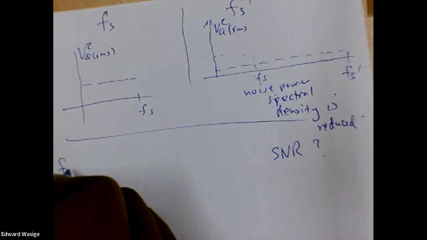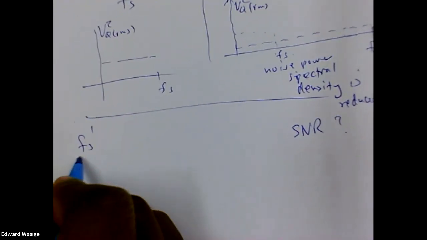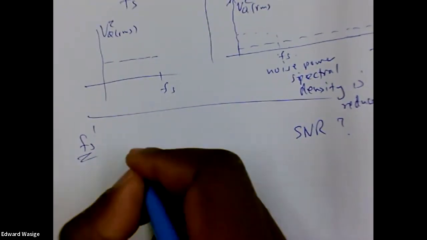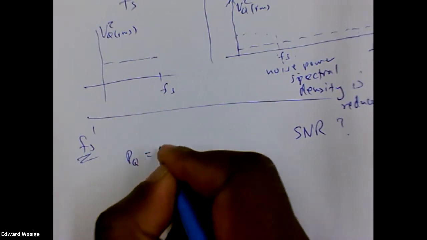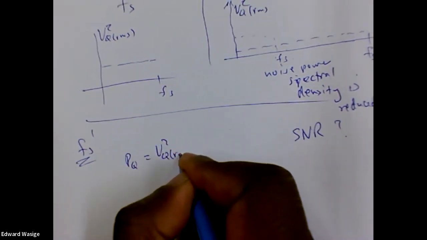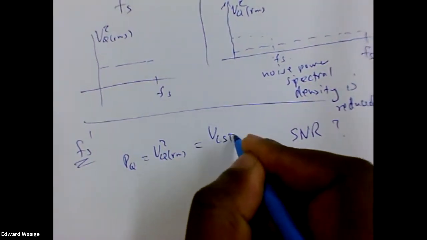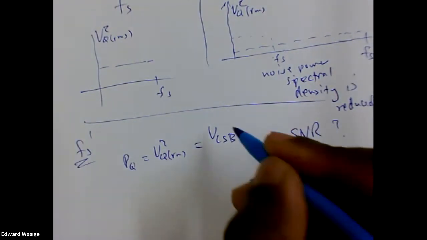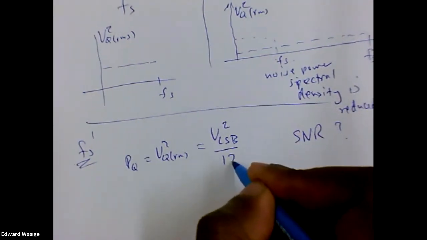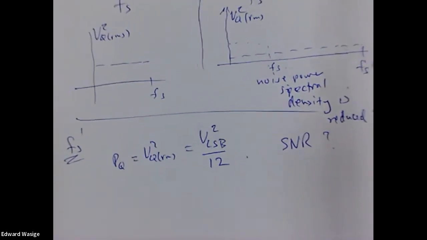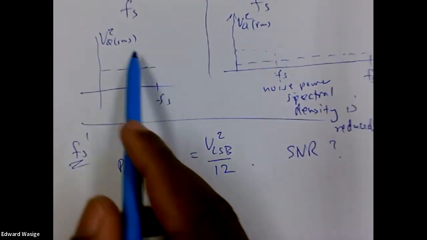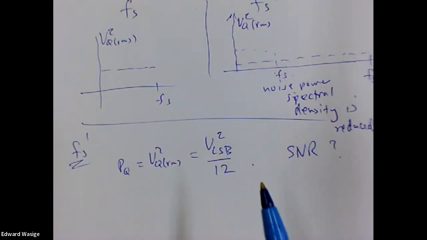So for the second case, where we are oversampling, noise power PQ is equal to VQ squared RMS, and this is VLSB squared over 12. So it's identical to the noise power for this earlier case.